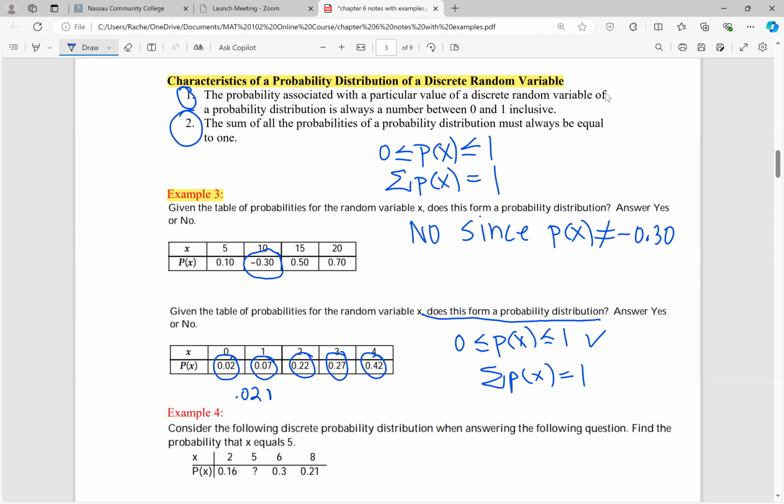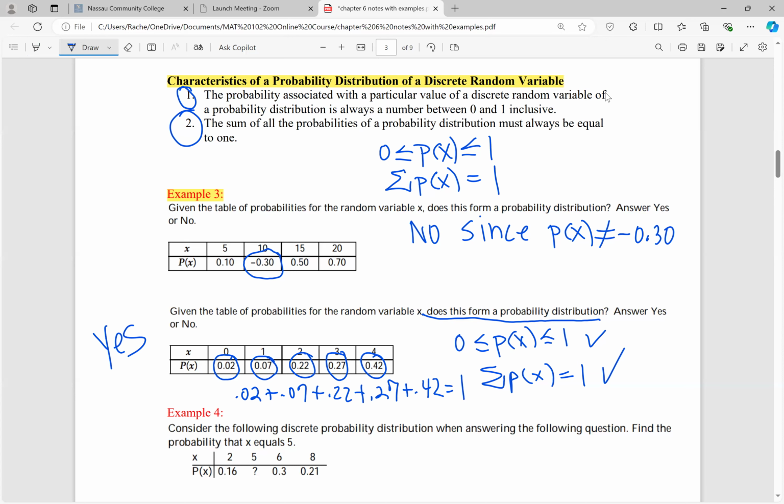But 0.02 plus 0.07 plus 0.22 plus 0.27 plus 0.42 does equal 1. Therefore, both characteristics of a probability distribution are satisfied. So yes, this table would represent a discrete probability distribution.